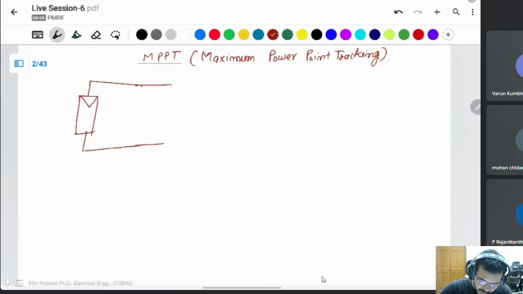Suppose you directly connect a load like that, what happens? This is the voltage Vt, this is the current It.